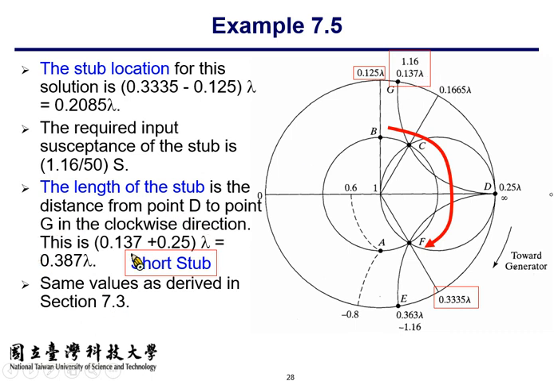So the required length for the short stub will be 0.387. So for this solution, the shunt stub location will be nearly 0.2 wavelengths, and the stub length will be approximately 0.38 of a wavelength.